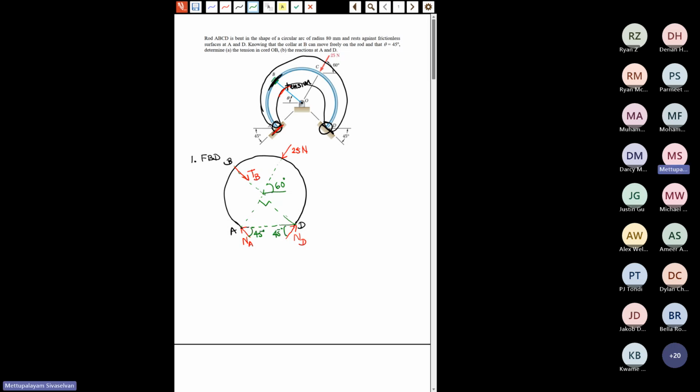Okay, so that's our free body diagram. Okay. Any questions up to this point?